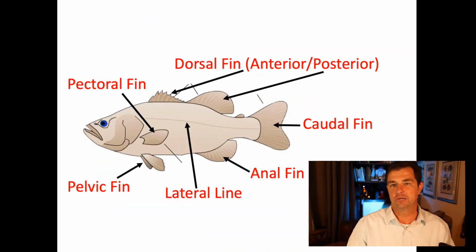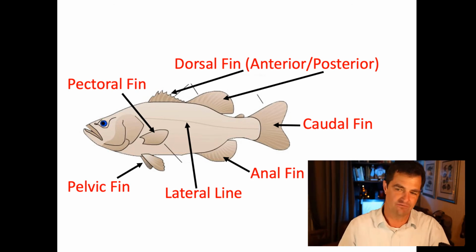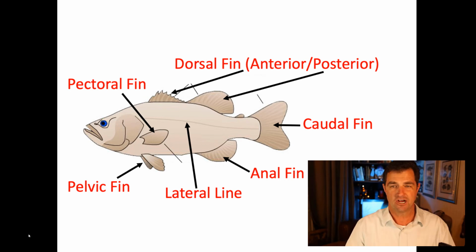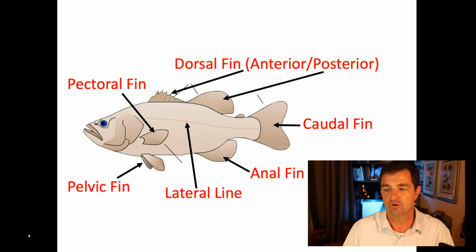All right, let's talk a little bit about the basic external anatomy of a fish. This is really not a cartilaginous fish, but it gives us an idea of the different fins that we need to talk about. There are some variations on this, but just to give us a starting point, fish obviously have several fins.